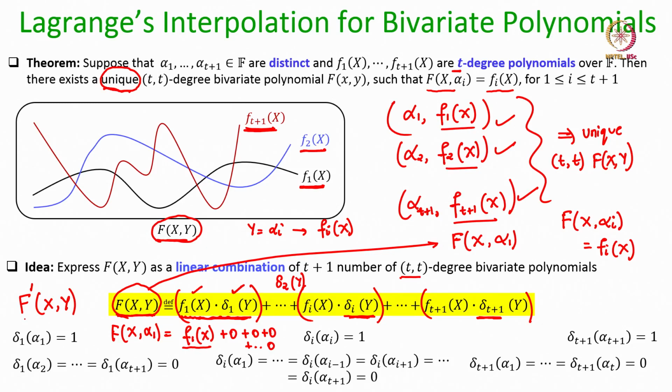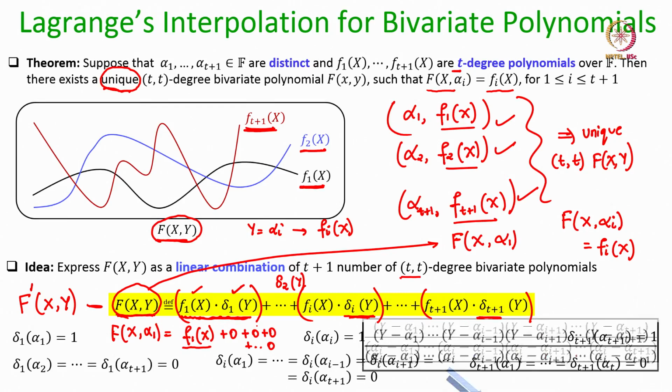So, imagine that there is another polynomial as well, then it turns out that the difference of these two polynomials will be a 0 polynomial, which automatically implies that f prime polynomial is the same as the f polynomial. That automatically implies that you have only one such unique polynomial possible. So, I am not going through the uniqueness part, that is very easy to prove.